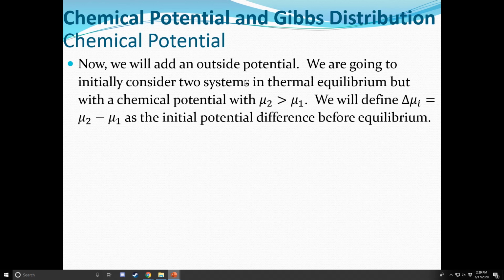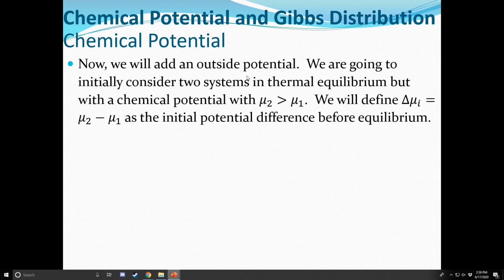So going back, maybe it's something like a battery that's forcing the chemical potential. The only thing that I can really think of off the top of my head would be something like a capacitor. Normally a capacitor wants to have no charge on each plate, but when you attach a battery to it, you basically force there to be a chemical potential difference between the two plates. So that would be what we say of adding in an outside potential.